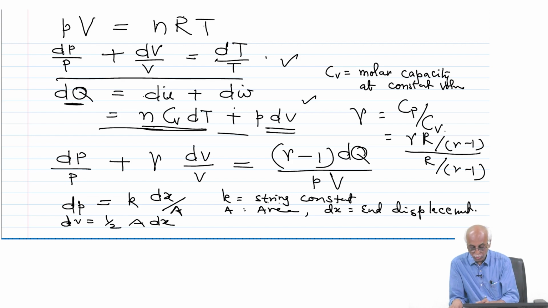Because of the pressure which is generated, the cantilever beam will experience some displacement. So basically, change in pressure into area is equal to the force acting on the cantilever beam, and considering the spring constant of the cantilever beam as k, k into displacement will give us the force indirectly.